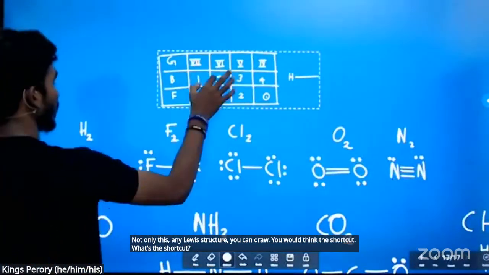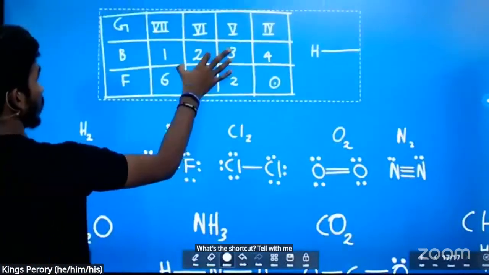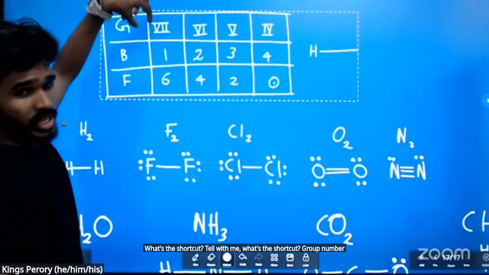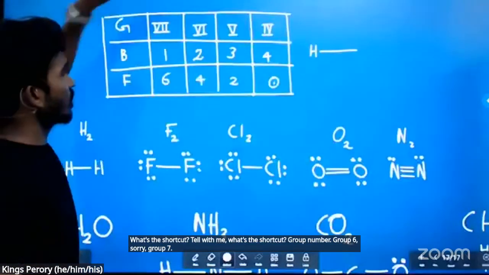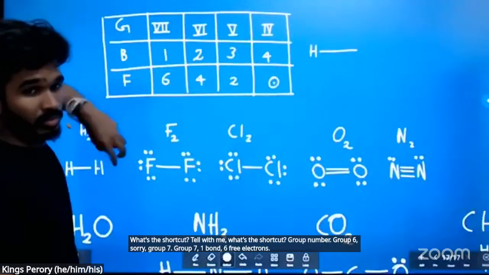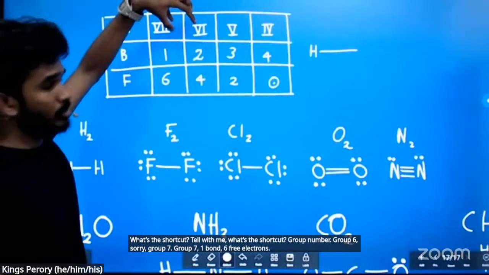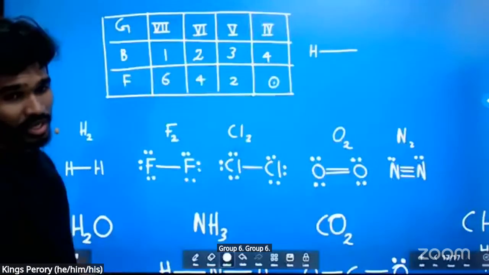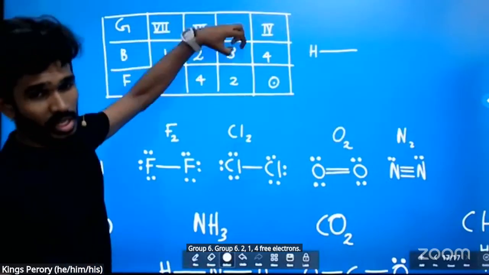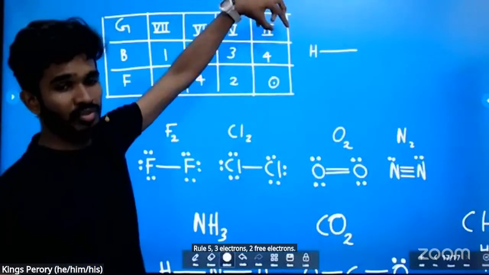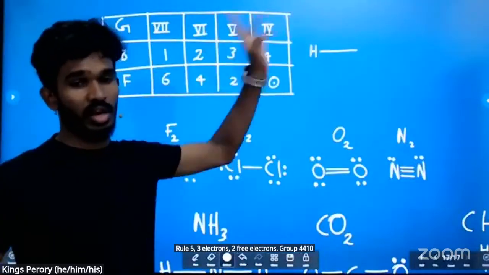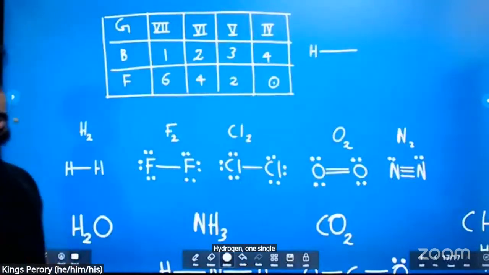What's the shortcut? Tell with me. Group number. Group 7: 1 bond, 6 free electrons. Group 6: 2 bonds, 4 free electrons. Group 5: 3 bonds, 2 free electrons. Group 4: 4 bonds, 0 free electrons. Hydrogen: 1 single bond. That's the logic.